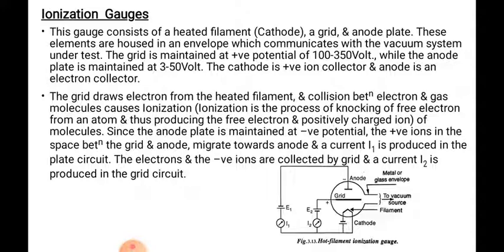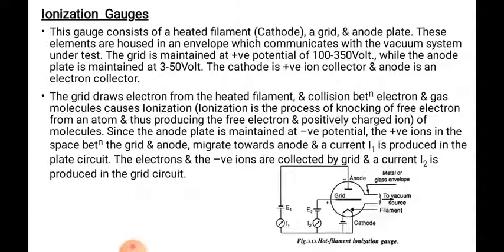The grid draws electrons from the heated filament, as the grid plate is supplied with a current. In the diagram we can see that the current I2 is passed through the battery, that is E2, and as the grid plate has certain resistance, heat generation takes place.